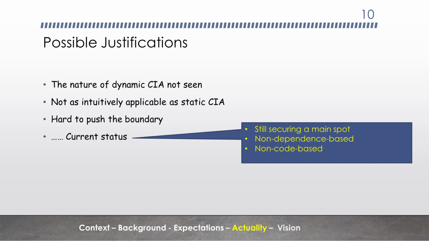Yet another possible reason is that various approaches in this area might have already been well explored, which makes it a little harder to push the boundary further. In fact, we see later work in the CIA area mainly looked at non-dependence-based or even non-code-based approaches, even though dependence-based CIA still secures a spot in the CIA taxonomy.